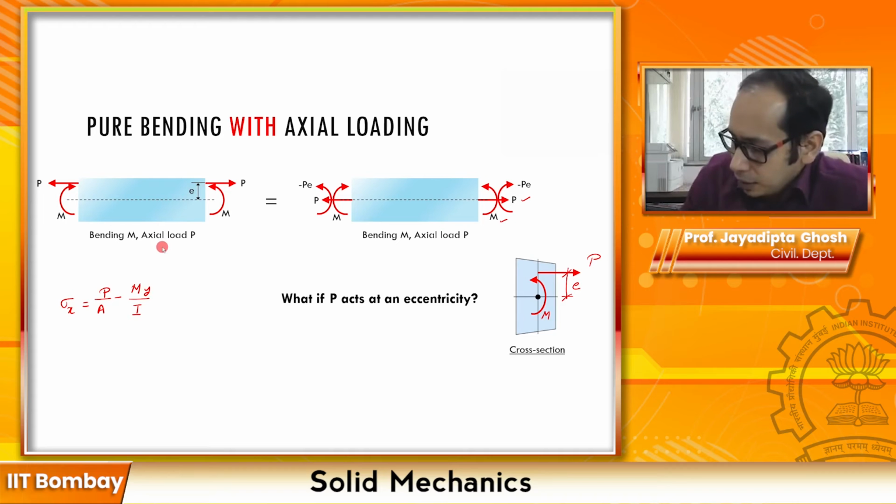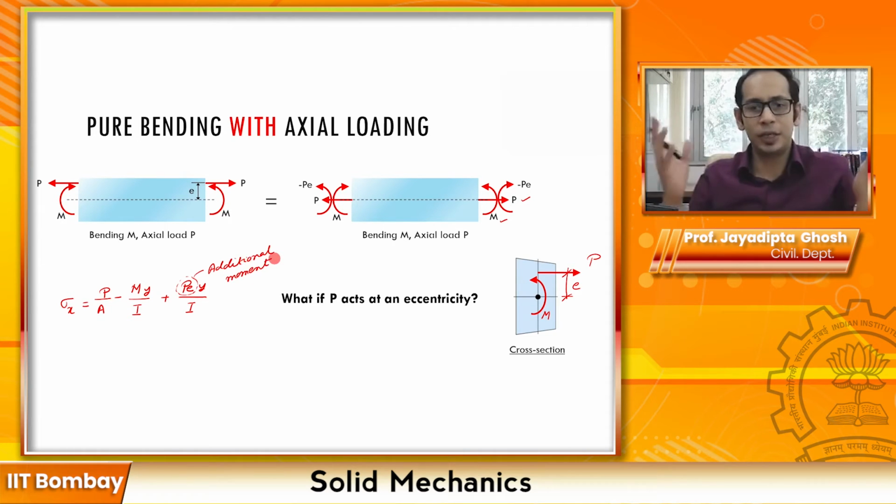So for that, the moment is P times e, and the arm from the neutral axis is still going to be the same, that is y divided by I over here. This part is the additional moment.